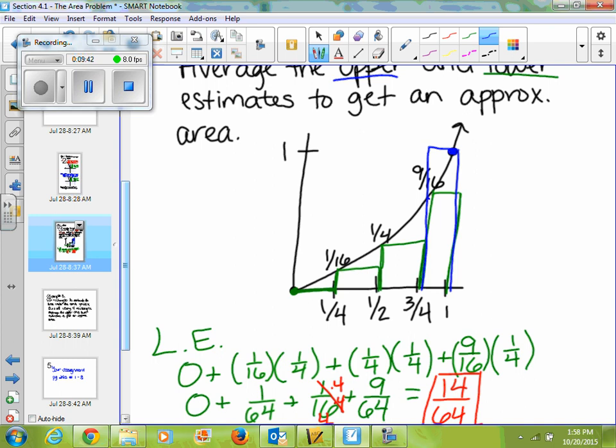Then from this point, right where it hits the curve at 3/4, I'm going to go back and have another rectangle. At 1/2, right where it hits the curve, I'm going to go back and have my third rectangle. And then finally at 1/4 where it hits the curve, I'm going to go back and have my last rectangle.